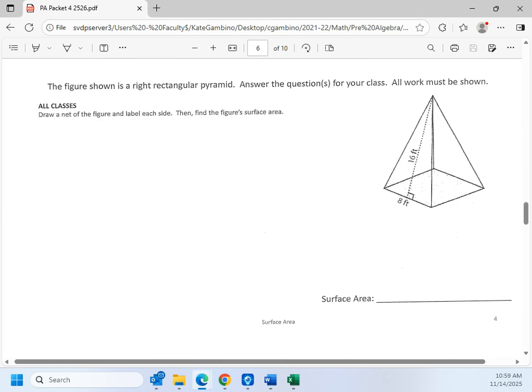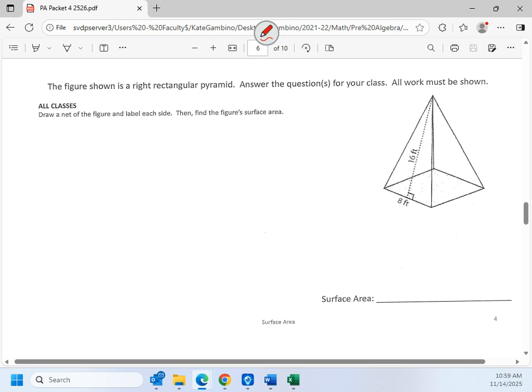Next page, we have a new shape. Whew. New perimeter and area we had to do, new shape we have to get a net of. This is a right rectangular prism. I need to cut down those edges to lay that pyramid out flat. What is the bottom shape of my pyramid? Victoria?